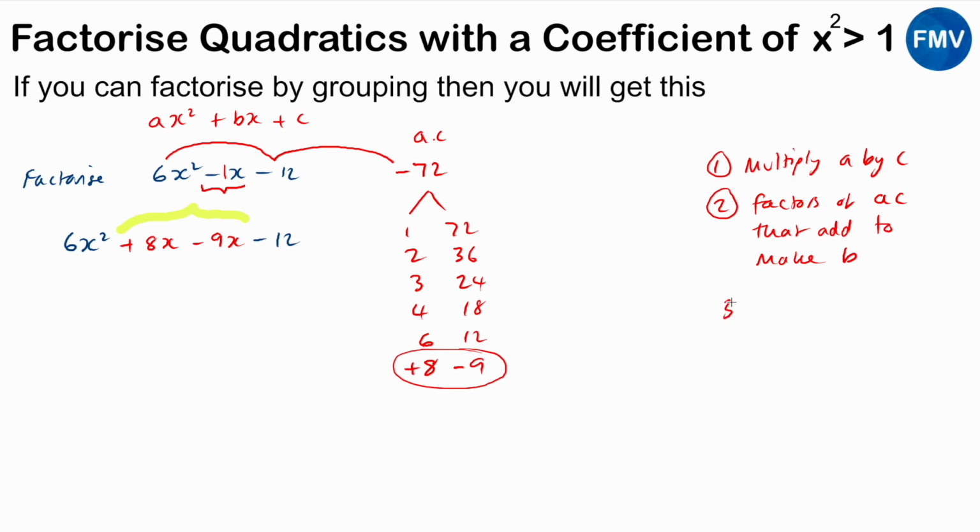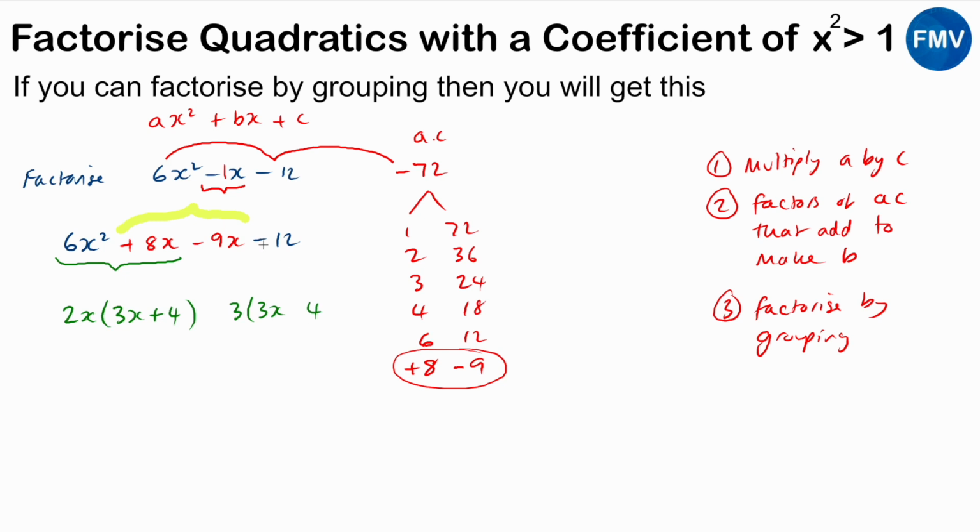Step 3, very simple. You've done this if you did the previous video. We factorise by grouping. So here goes, 2 is in both of those, 2x multiplied by 3x gives me 6x squared. 2 multiplied by 4, so it's a +4 because it's a +8x, gives me 8x. Remember, the aim is to get another bracket the same as that. I could choose to write it out and then work out what works, or I could look at this and say, well, the highest factor of both of those is 3. 3 times 3x is 9x, and 3 times 4 is 12.